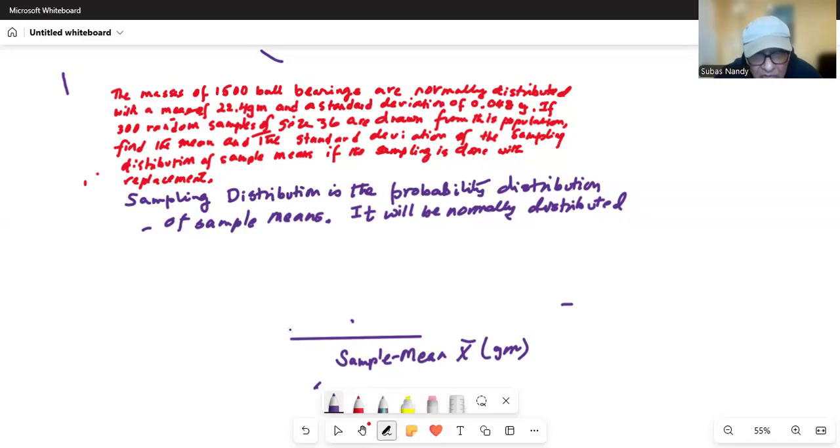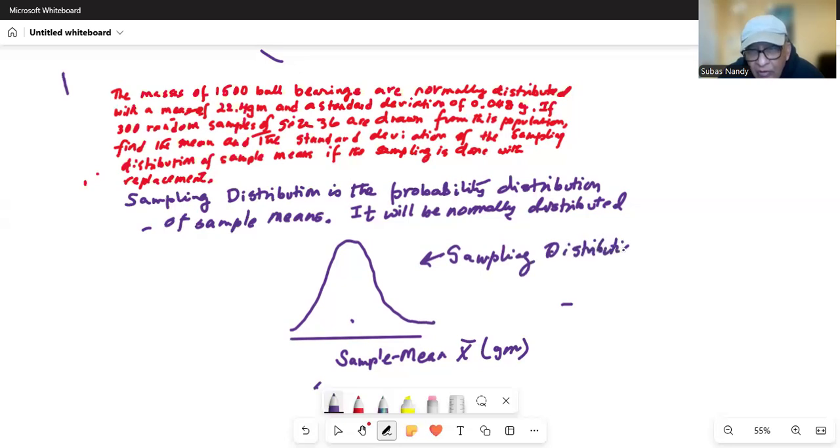So it will be a bell-shaped distribution. Okay, so this is the sampling distribution or probability distribution of sample means.